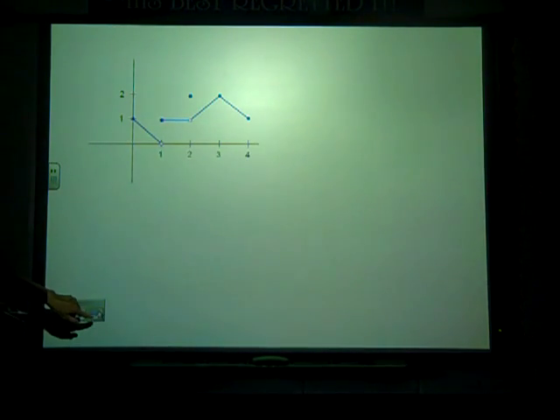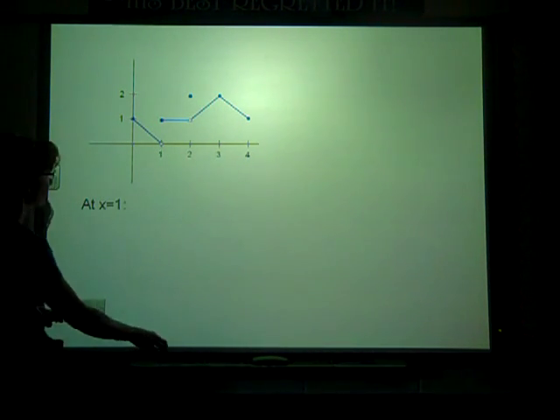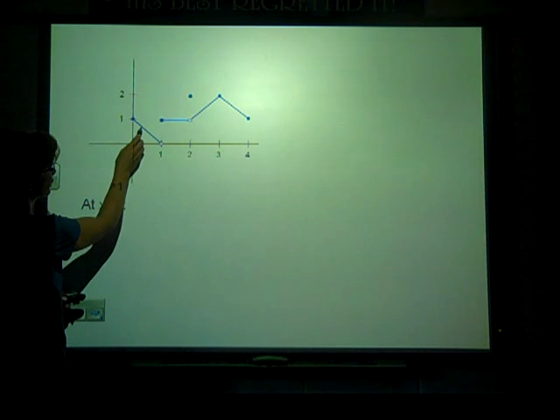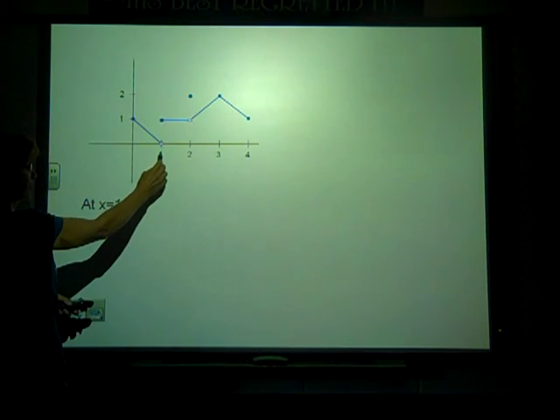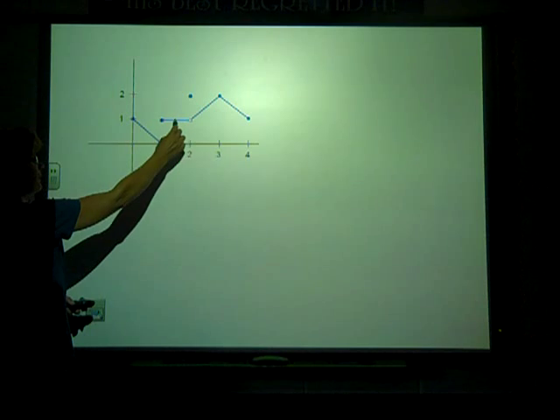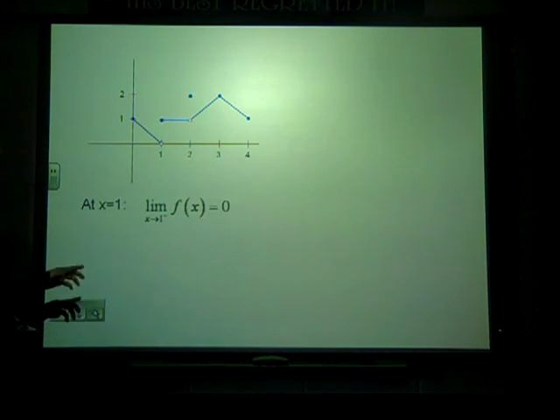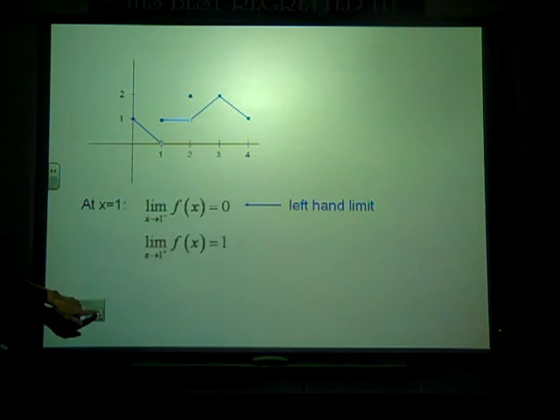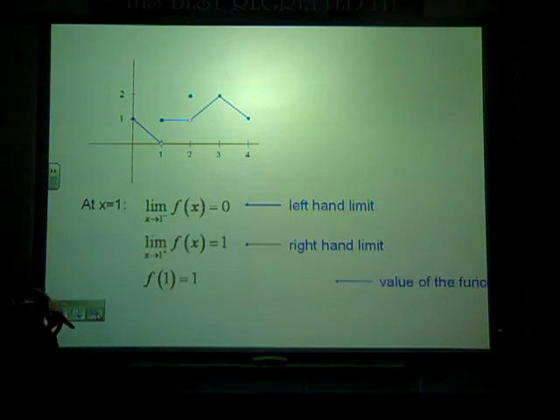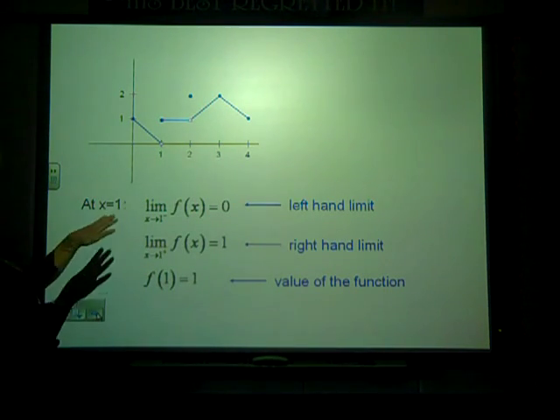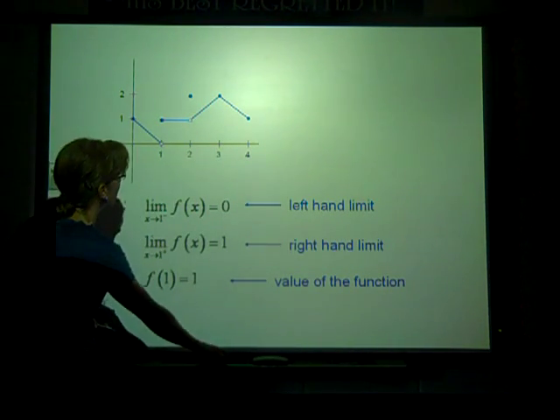Let's look at this one. Look at some examples of this. At x equals 1, well, the function wants to be 0 coming from the left, and it wants to be 1 coming from the right. So we got a little problem here.